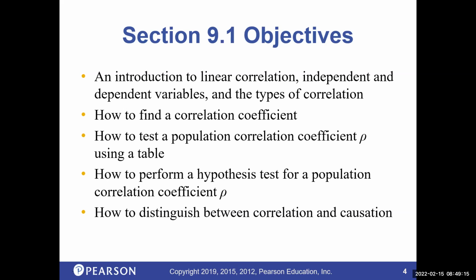That little lowercase p is actually called rho. And we're going to figure out how to test that using a table. I believe we do a two-tailed test. We'll perform a hypothesis test for a population correlation coefficient rho, and we'll be able to distinguish between correlation and causation.